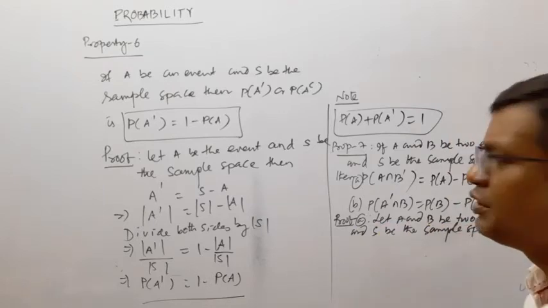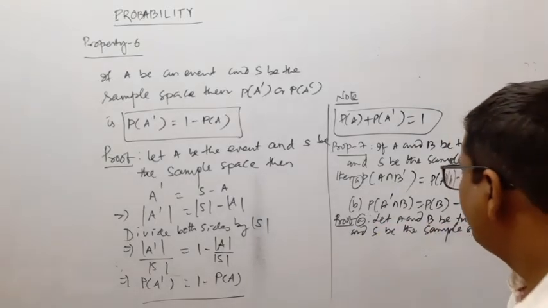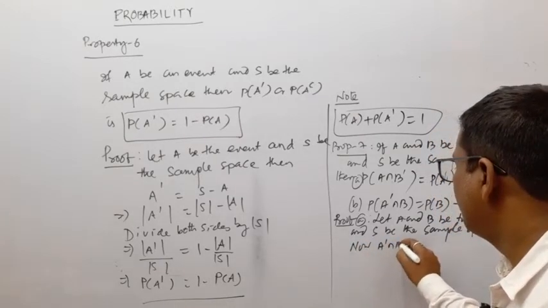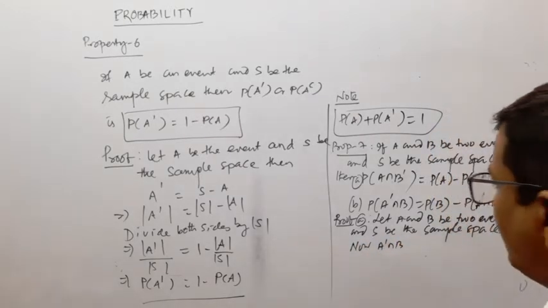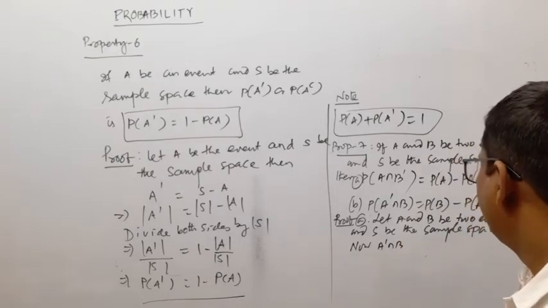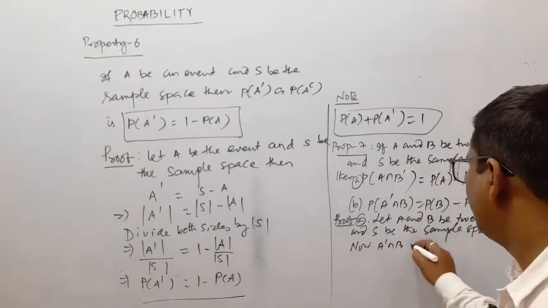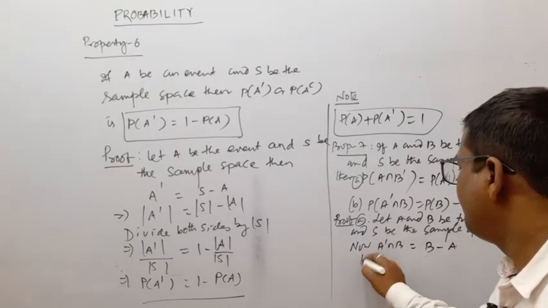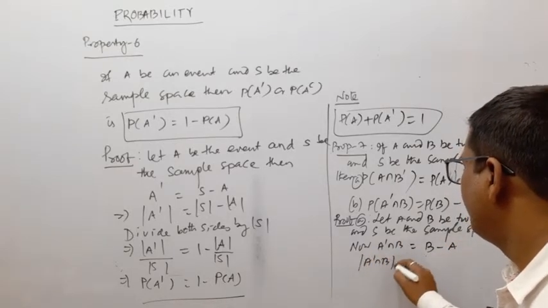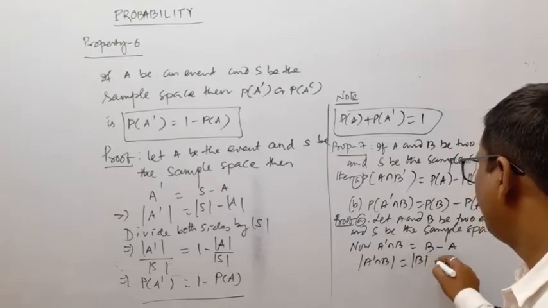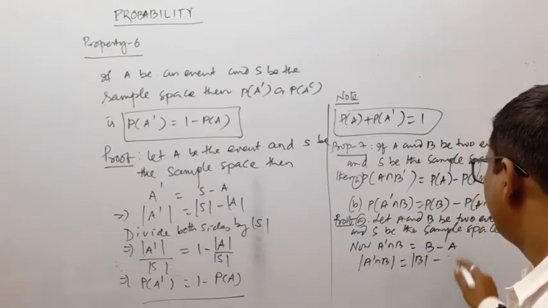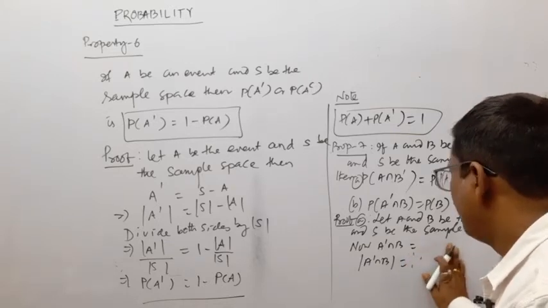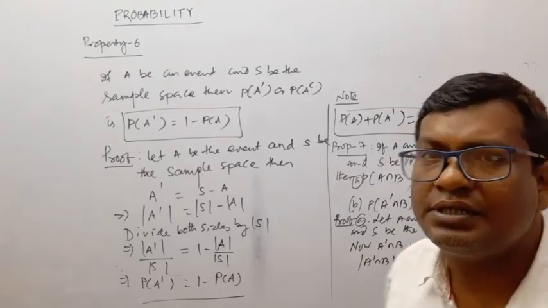Now A dash intersection B is equal to what? We can write B difference A. So cardinality of A dash intersection B is equal to cardinality of B minus cardinality of A intersection B. Suppose from the Venn diagram, what happens?